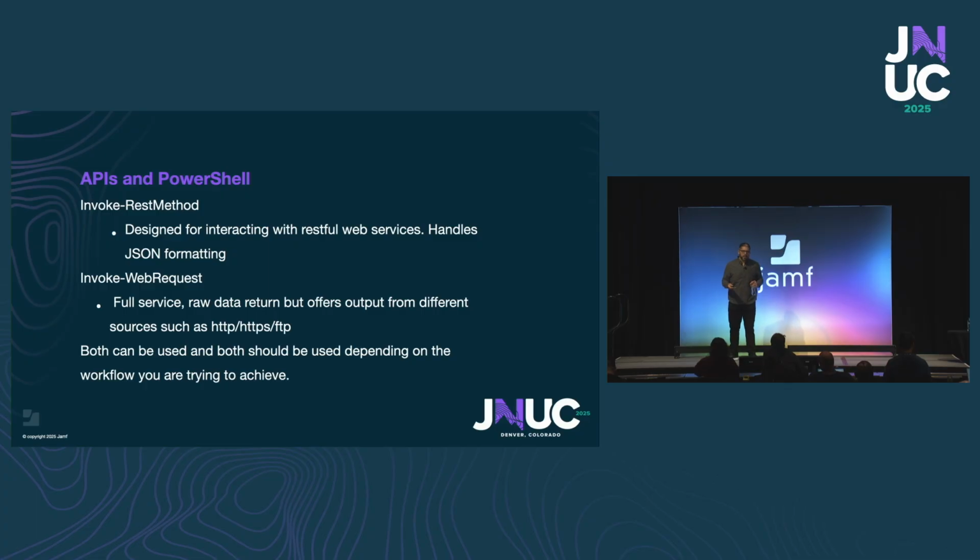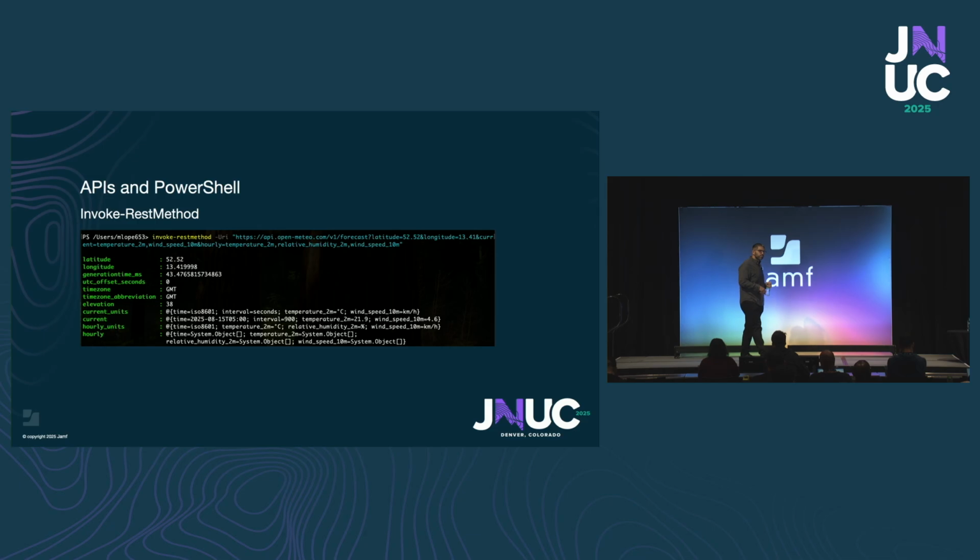Invoke-WebRequest is more like a curl, and it will return raw data from the URL. I say URI because that's what the flag calls it, so I'll go in between URI and URL. But both can be used depending on the workflow you're trying to achieve.